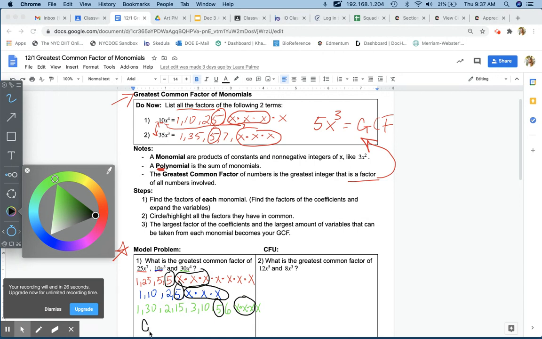So our greatest common factor is our 5, and then x to the third, because we have x times x times x, which equals x to the third. So this is what they all have in common. This is our greatest common factor.